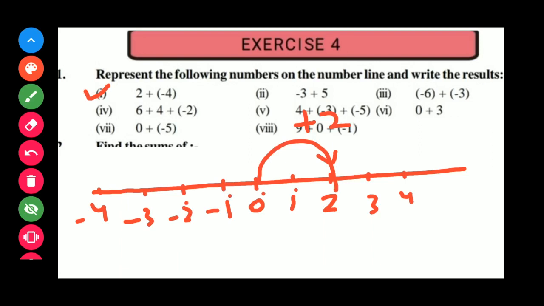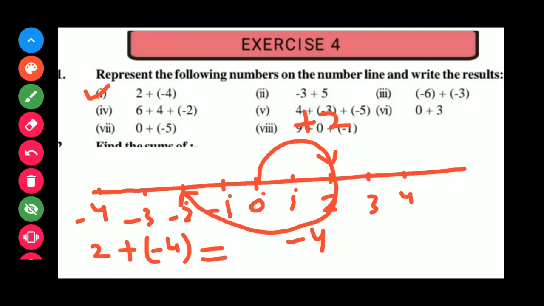So you can go like this. That is -4. So result is +2 -4 is equal to -2. That is your answer.